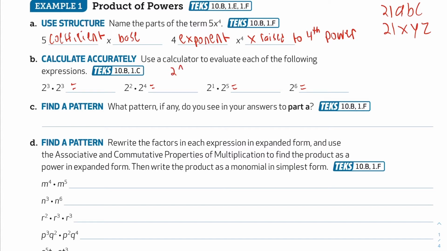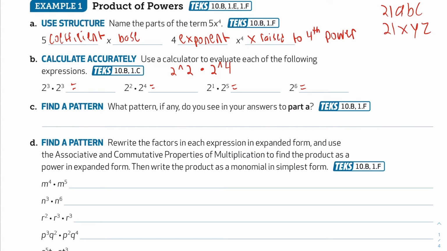Then you put the up arrow, which is Shift 6. That's actually called the caret key. 2, caret key, 2 times 2, caret key, 4. If you put that in your keyboard onto like the Desmos calculator, or even in Google calculator, this should work.